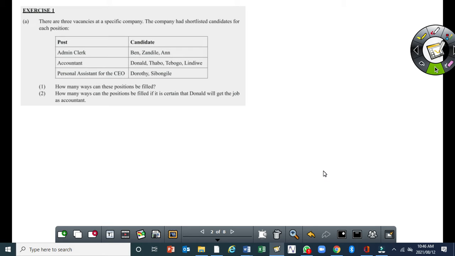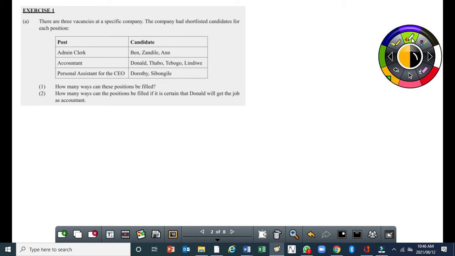Right. Now the first question says, okay, that's A1. It says, how many ways can these positions be filled? How many ways? So we say number of ways.